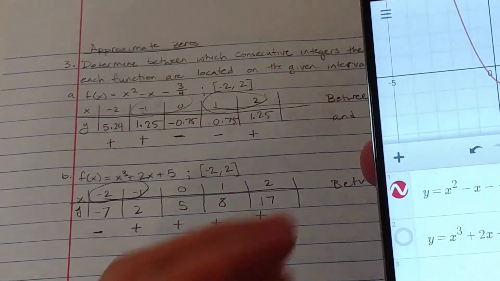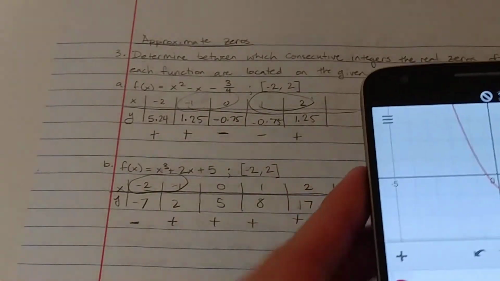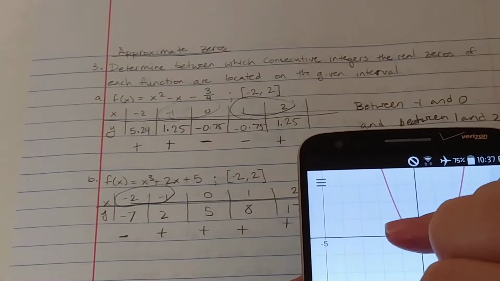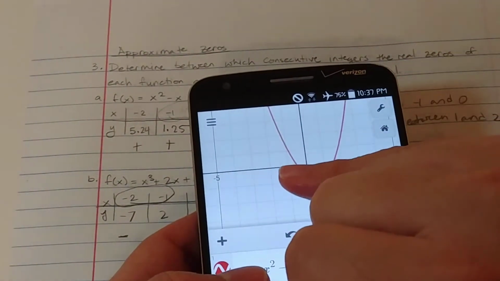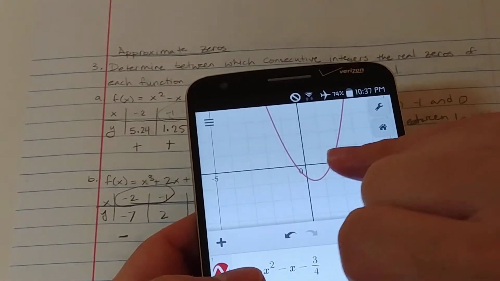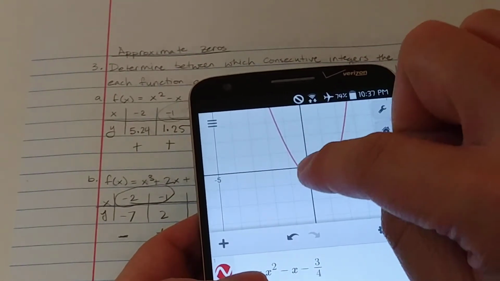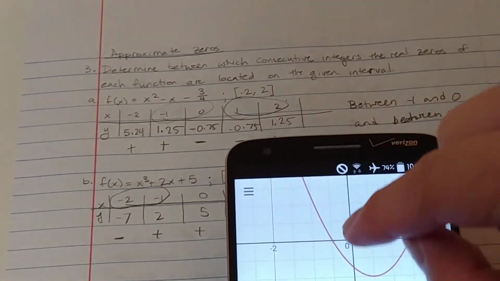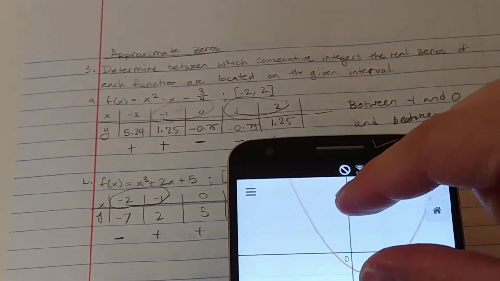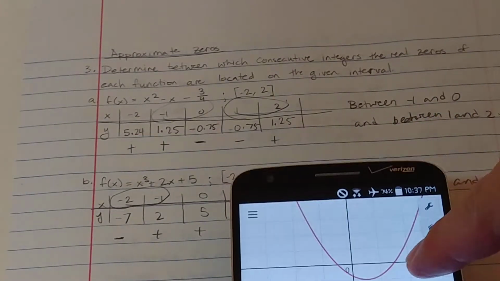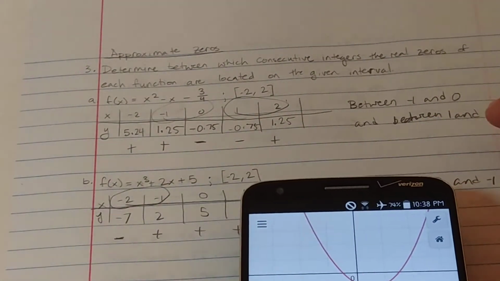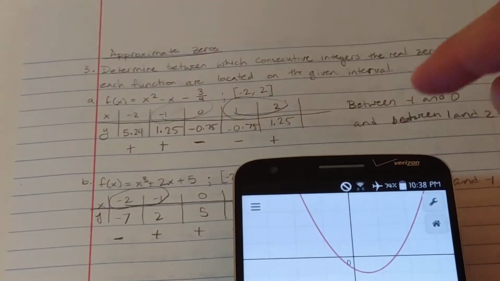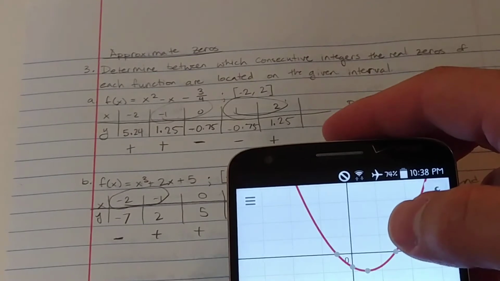Let me show you what the graph looks like. I'll show you the first one first. Remember we're just looking at from negative 2 to 2. So it's in between negative 1 and 0, like we said, and between 1 and 2. Ta-da! So that's that one.